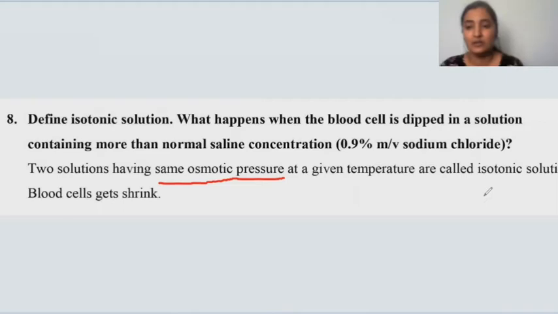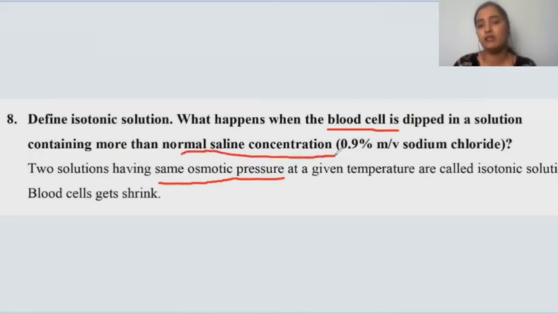The two solutions having the same osmotic pressure at a given temperature are regarded as isotonic solutions. Further, the question continues, children. What happens when a blood cell is dipped in a solution containing more than normal saline concentration?